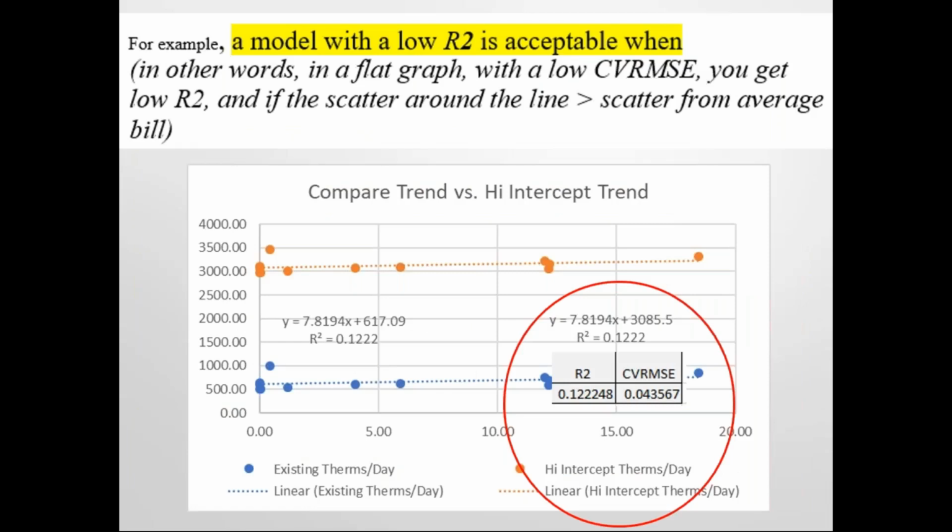So I went and tried that on one of these, the orange one, where I had a really great CVRMSE of 4. That's great, but a terrible R squared. So I thought I'd give it a shot. It is a flat graph with a low CVRMSE. Yes. Boy, I don't know what's going on.